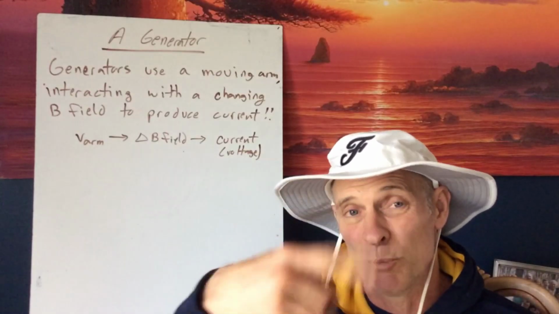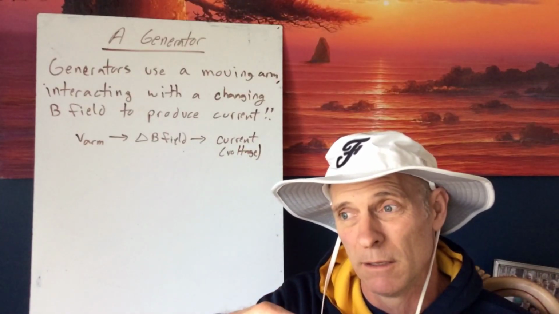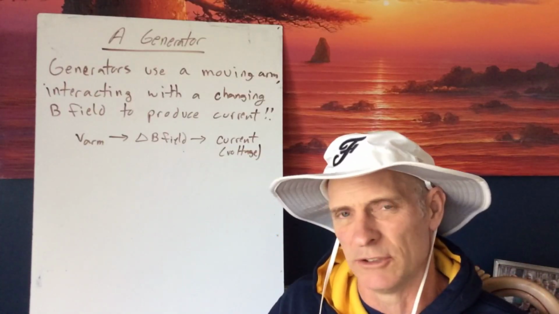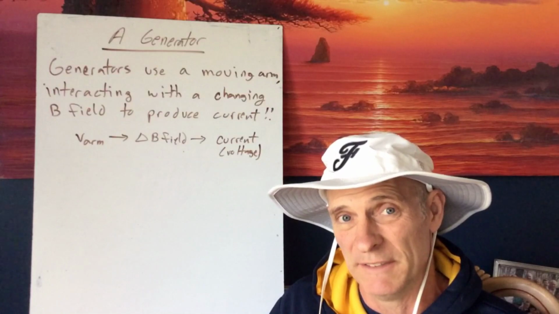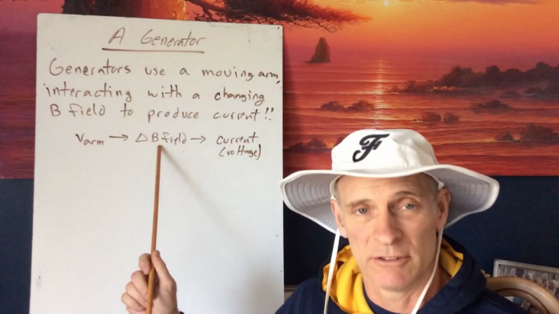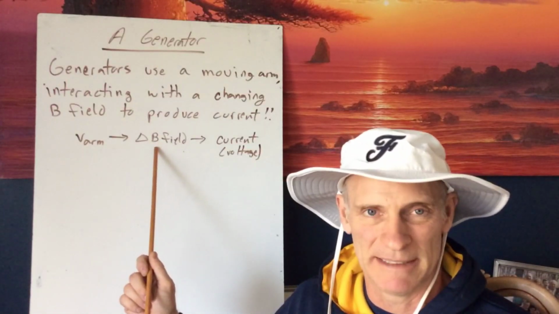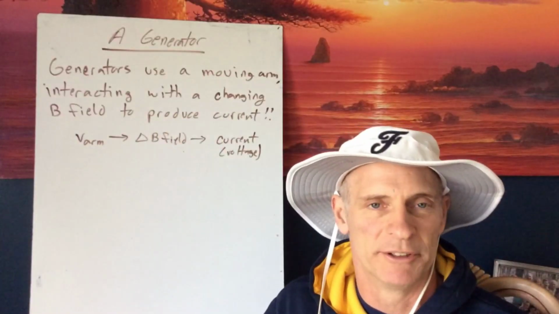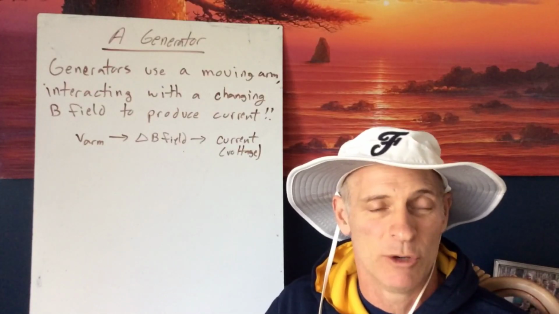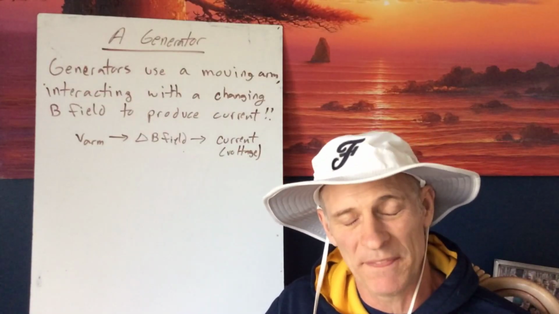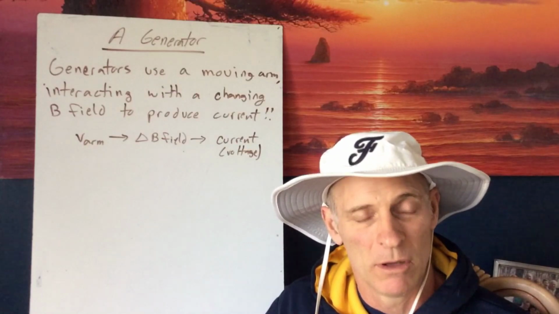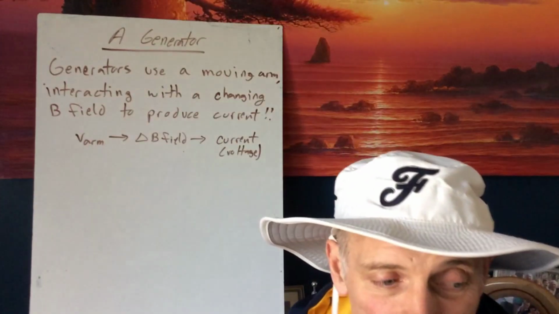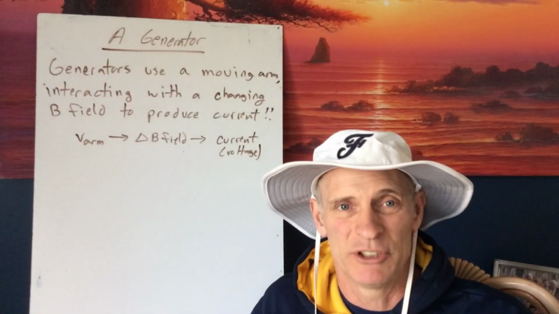If we wrap loops around that bar, then clearly the magnetic field within those loops will change based on its relative position in the field. That will be called a delta B, a changing magnetic field. The delta means changing. That produces current. Simple as that. We just need to move the arm within the field and somehow get current to be produced. That's what a generator is. All generators work on that exact principle.